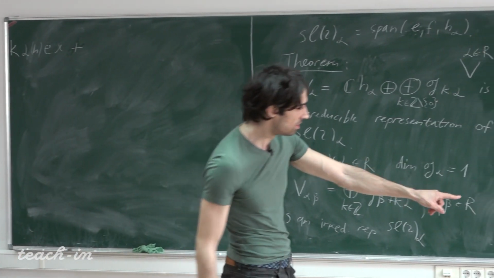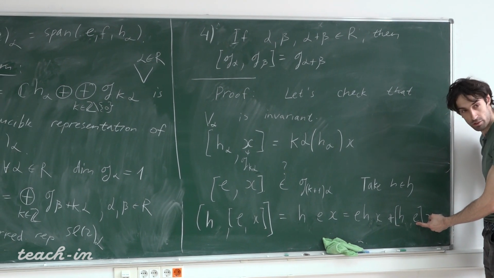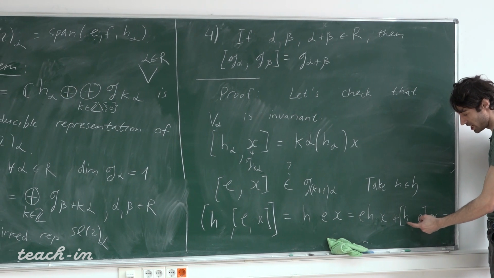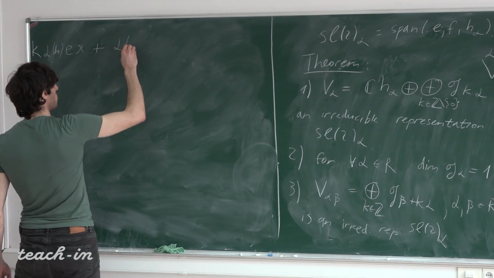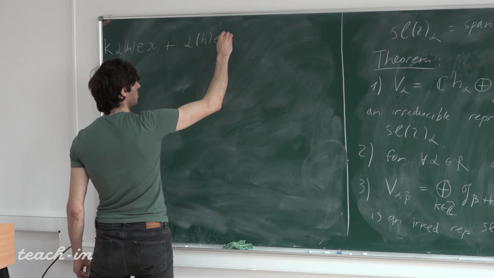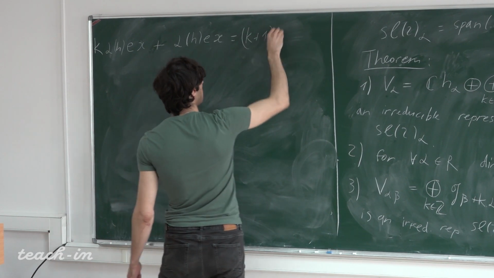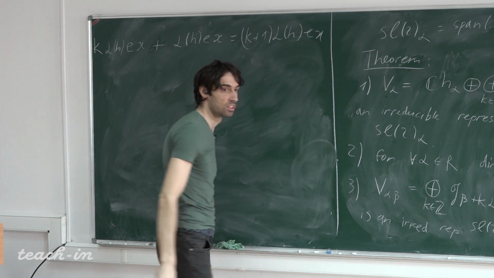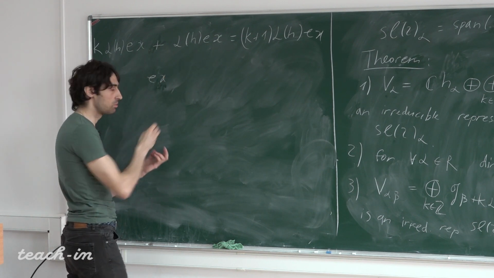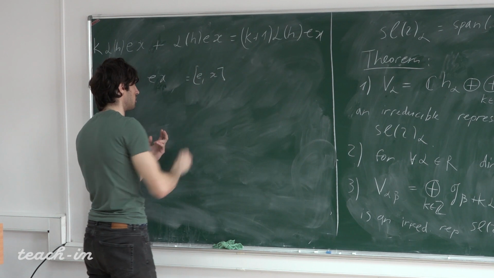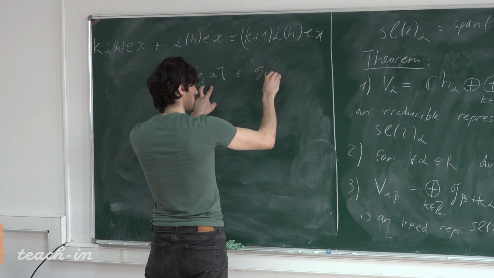But E instead is from G alpha, just alpha without any K. And here was written H acting on E, so this I can write as alpha of H, E applied to X. In any case, what I have is K plus 1 alpha of H, E X. Therefore the element E X, which is E acting on X, belongs to G K plus 1 alpha.